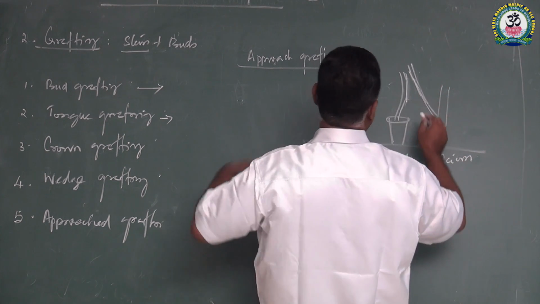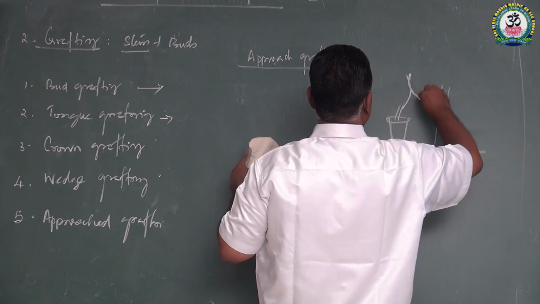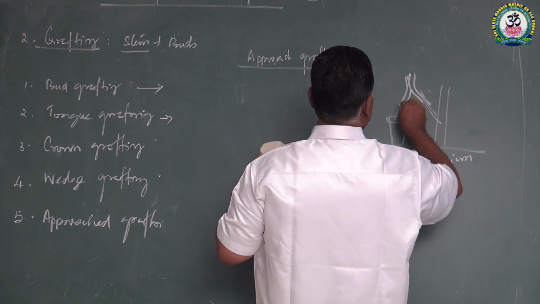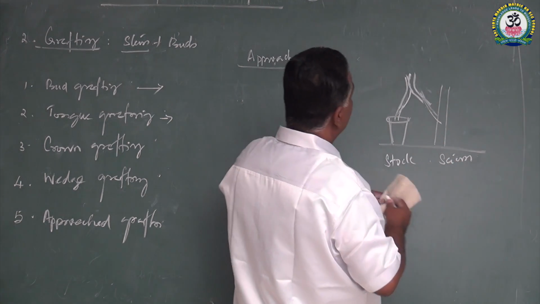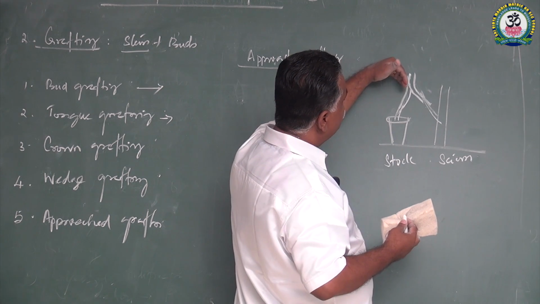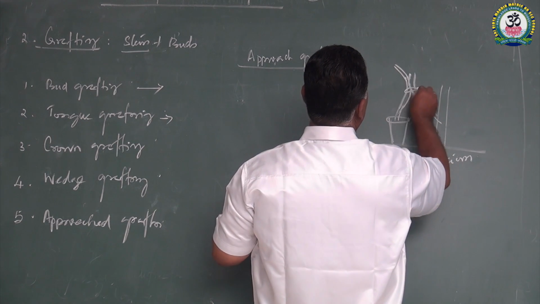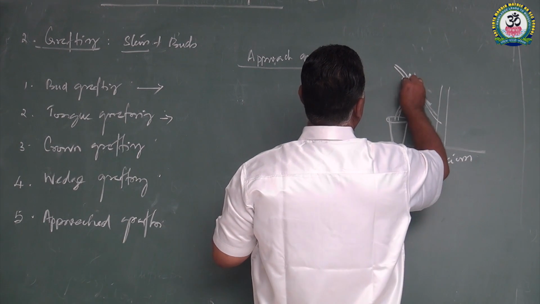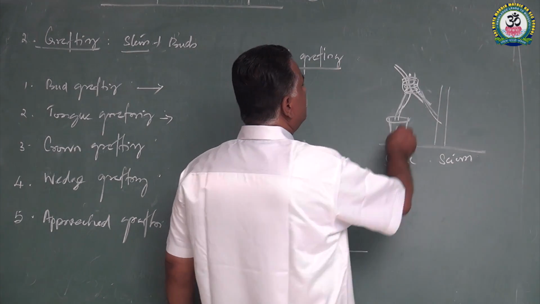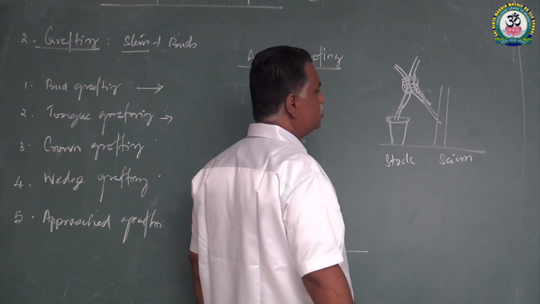These two are brought together like this, and the cut portion of the scion and the cut portion of the stalk are brought together with the help of a tape or polythene paper. It is glued and left for some time. What will happen? The vascular connection between these two plants will be established.